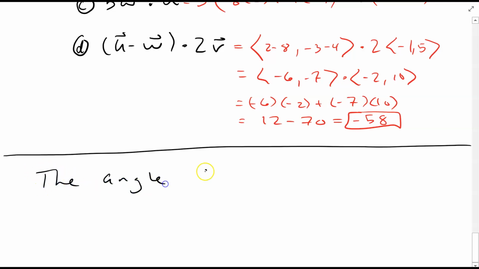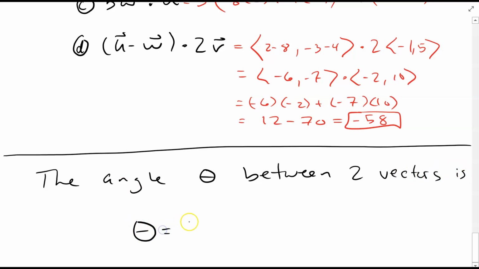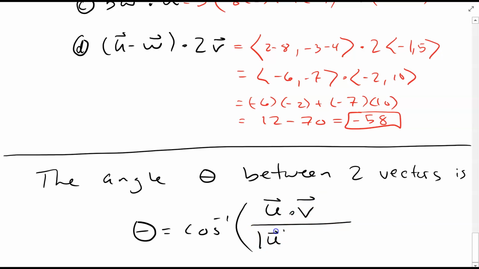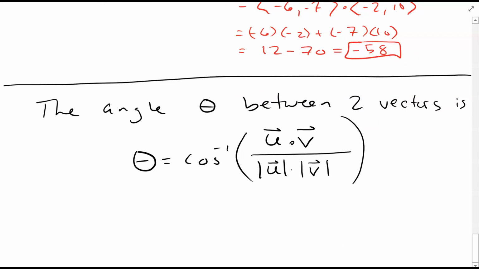The angle theta between two vectors is the cosine inverse of the dot product of vectors u and v divided by the magnitude of u times the magnitude of v.